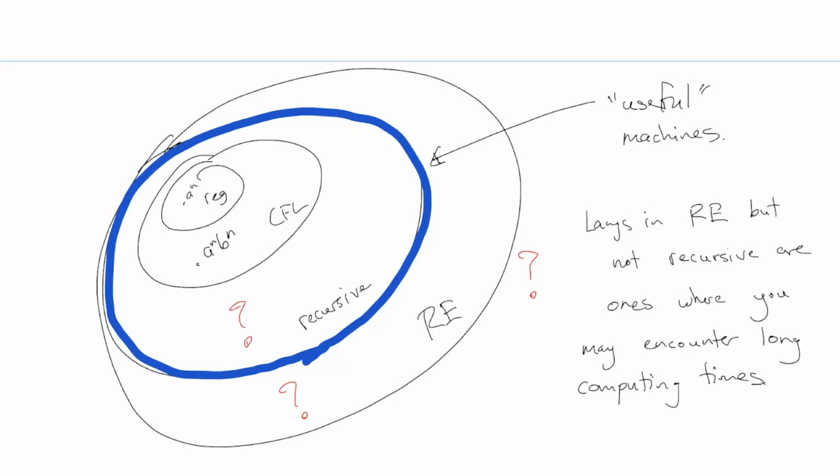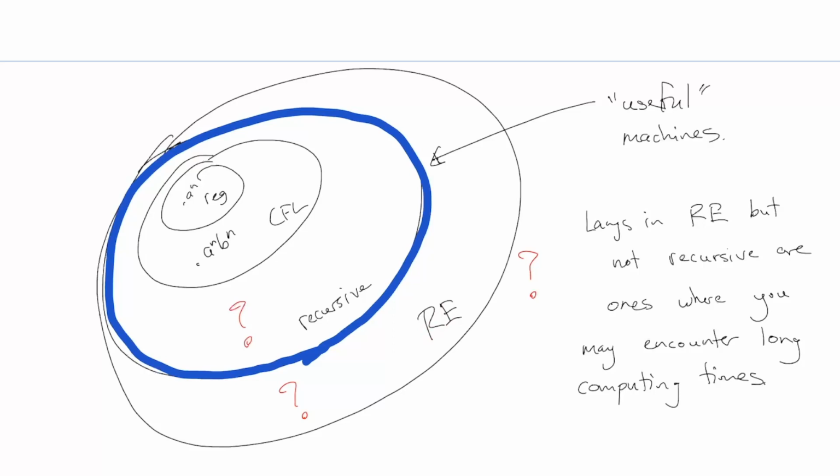Now, sometimes those machines will have to take a long time for computing, but in the recursive category, in this smaller one, if you plug in a string and ask it to tell if it's rejected or accepted, a long computing time is a nuisance because you have to wait until it's finished. But it's no more than a nuisance. But in this category, a long computing time is indistinguishable from an infinite loop.